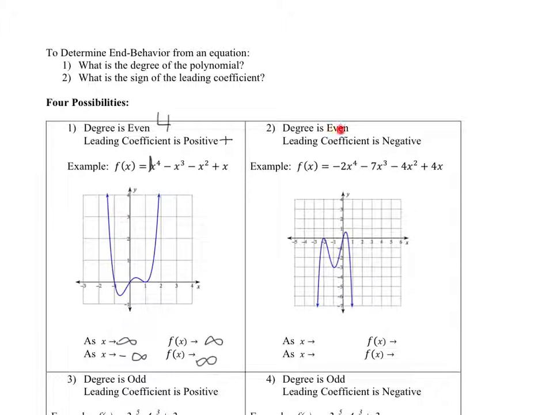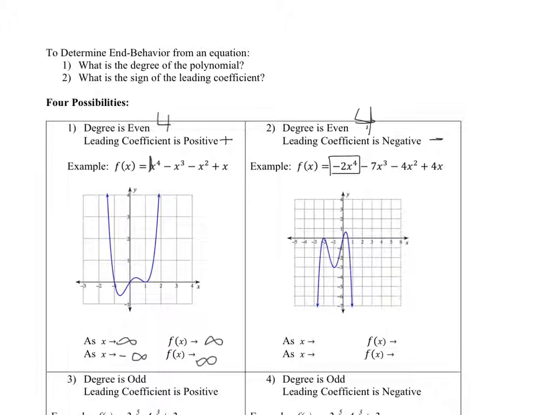Well, what happens if it's even with a negative? Well, it's just like a parabola. Remember, parabola is positive, it's a u. Negative, it's down. Same idea. This guy is even. Again, it's a 4. But the coefficient is negative. It's negative 2 here. This is the term we care about. The degree there is 4, and it's negative. So when that happens, the graph looks like this.